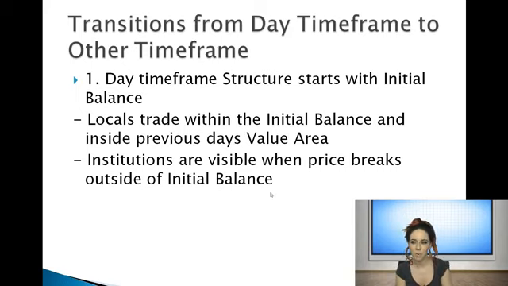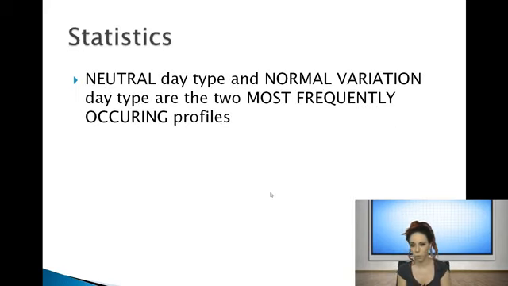Okay, but here's some statistical information to note. Most of the time, we'll either have a neutral day or initial balance extensions on both sides. So the 2 most frequently occurring profiles are the neutral day type and normal variation day type.